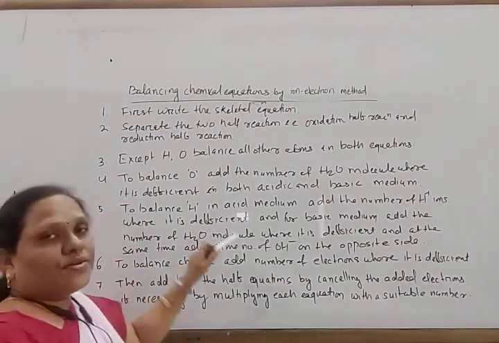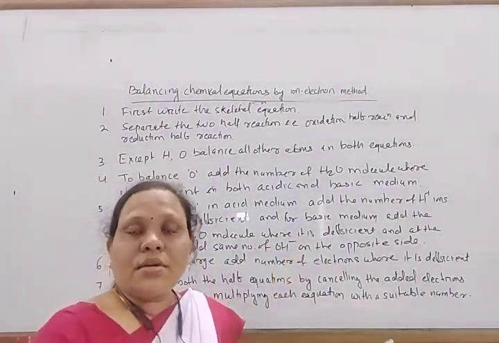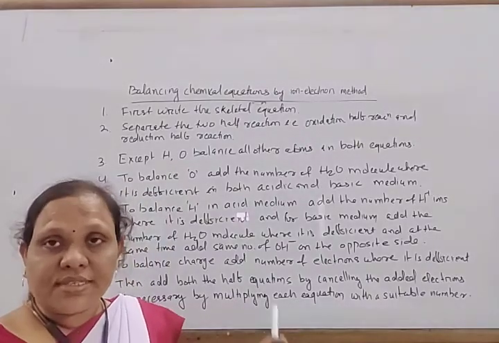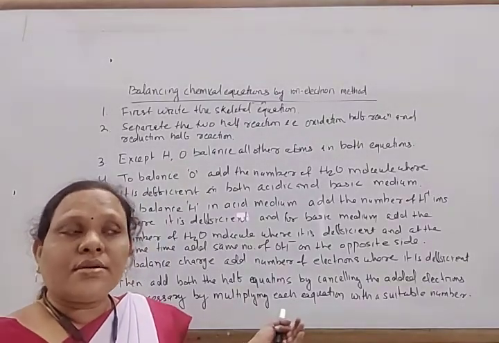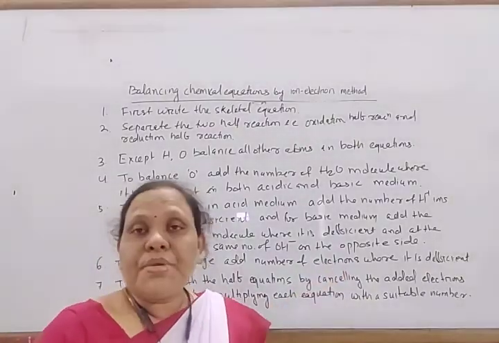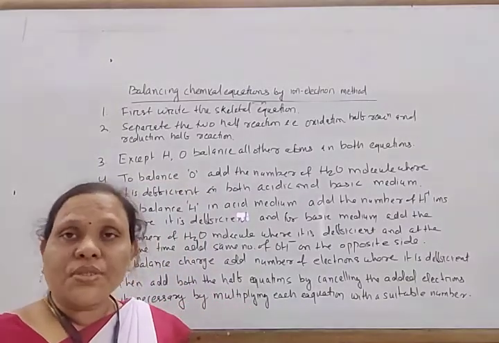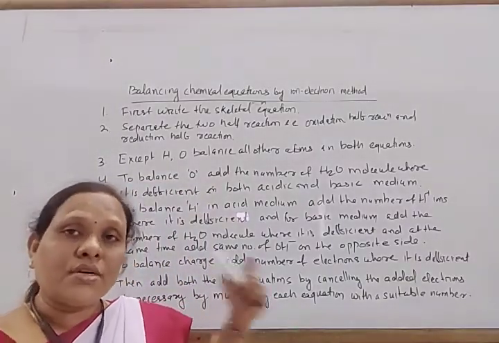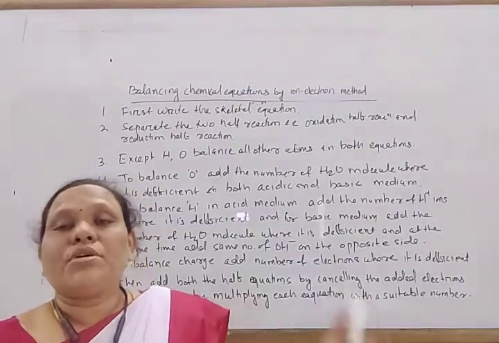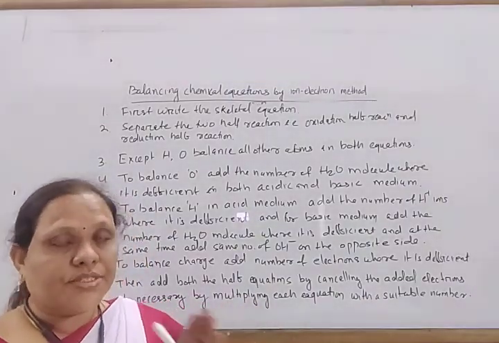And to balance hydrogen in acid medium, add H plus ions where it is deficient. And to balance in basic medium, add water molecules where it is deficient, and on the other side add the same number of OH minus ions.